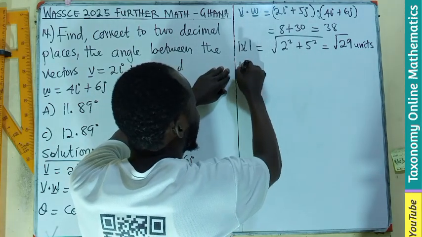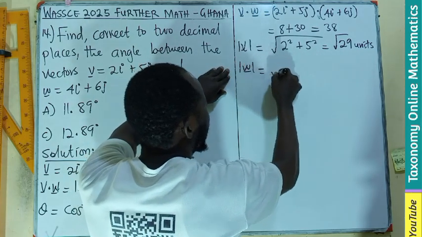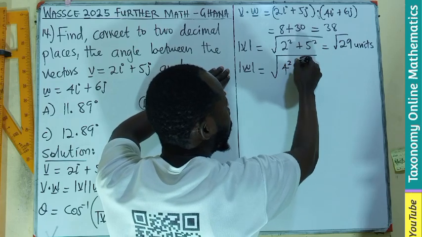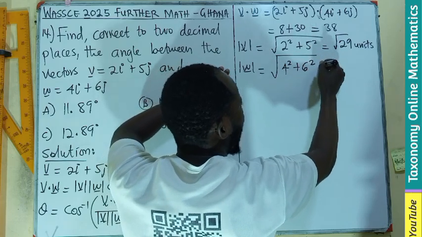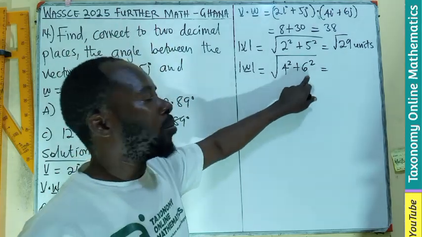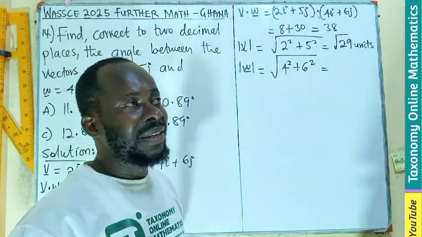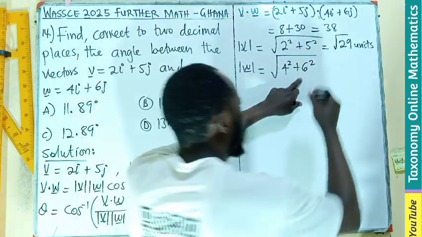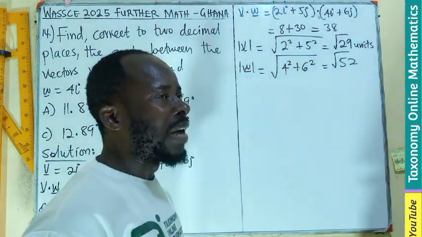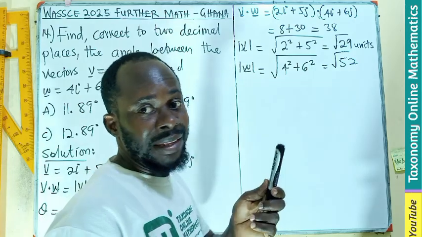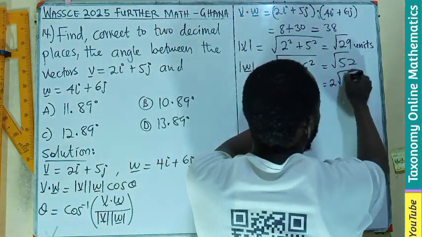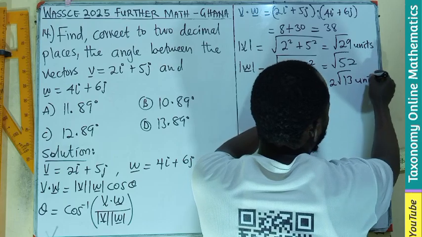Then for w, I have 4 squared plus 6 squared. This will be 16 plus 36, so we have 52. I'm going to have the root of 52, which has 4 as a factor. 4 goes into 52 13 times. Root of 4 is 2. So I should have 2 root 13 units as my value.